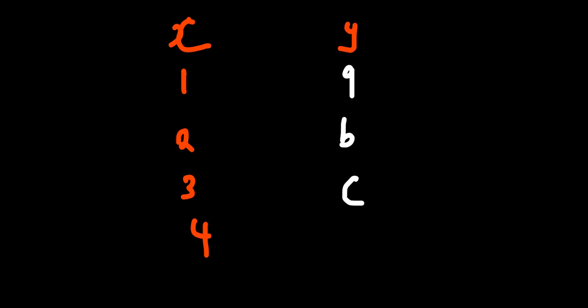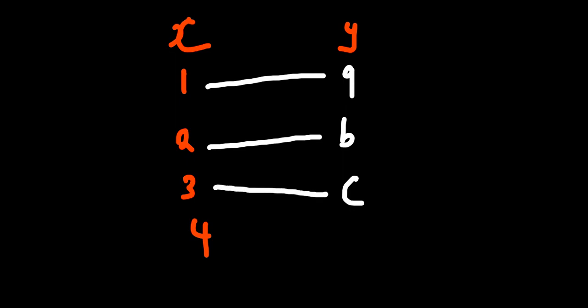Their mappings: 1 is mapping to a, 2 is mapping to b, 3 is mapping to c, and 4 is also mapping to c. This kind of arrangement is called an onto function.